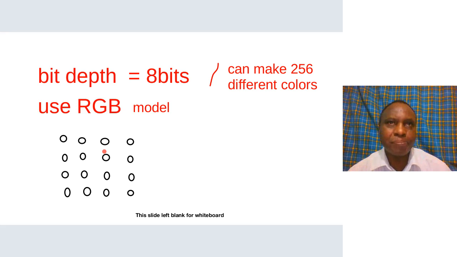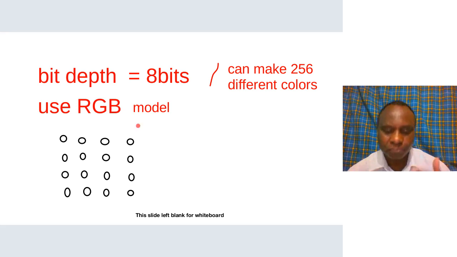So how many bits represent a point or a pixel? When you want to code a pixel, how many bits does your system use? Does it use 1 bit per pixel? Does it use 2 bits per pixel? Does it use 16 bits per pixel?